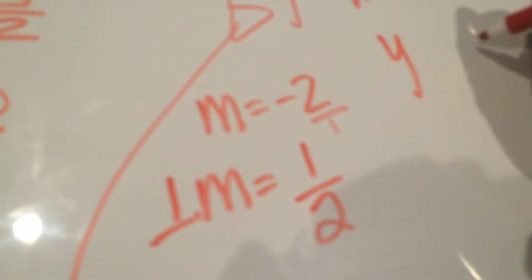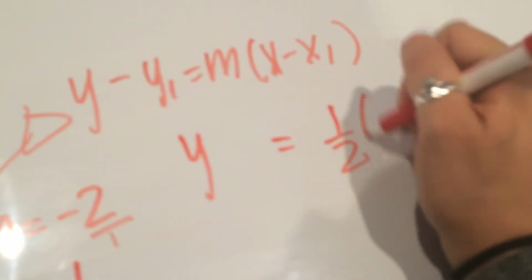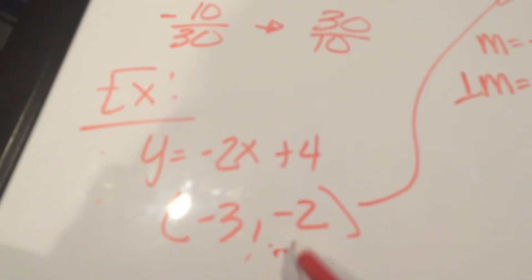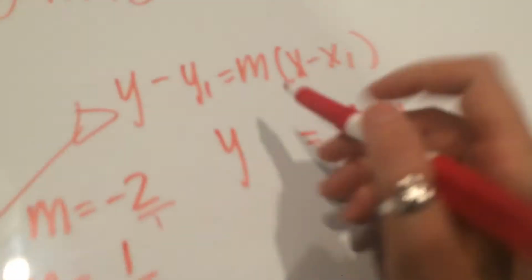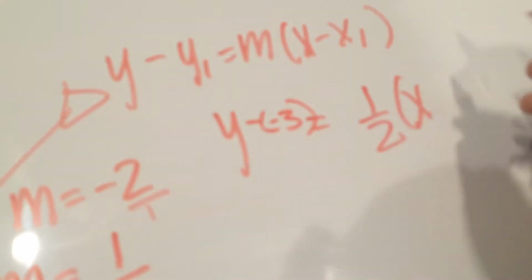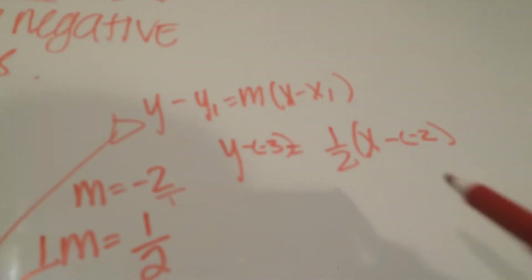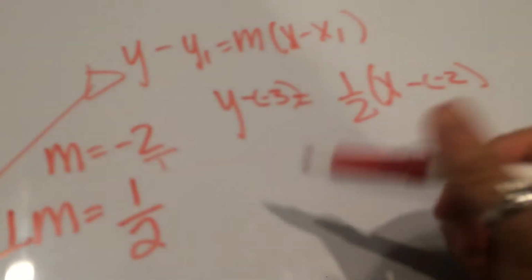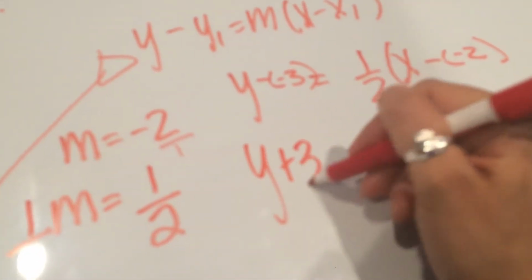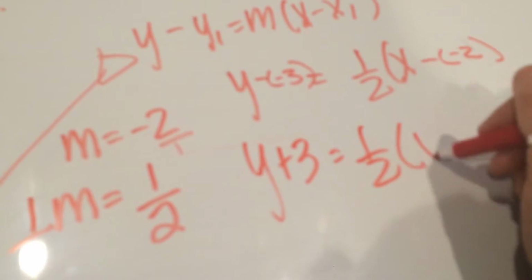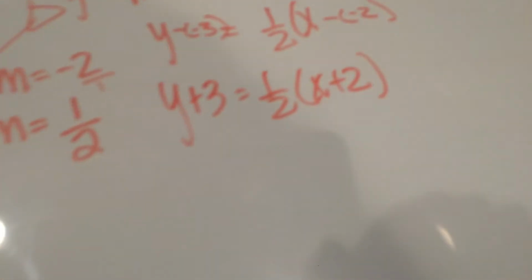Now my point is (-3, -2). So y minus -2 is equal to 1/2 times x minus -3. Again, you could leave it like this. It's okay. But I don't like it like that. Y + 2 is equal to 1/2 times x + 3.